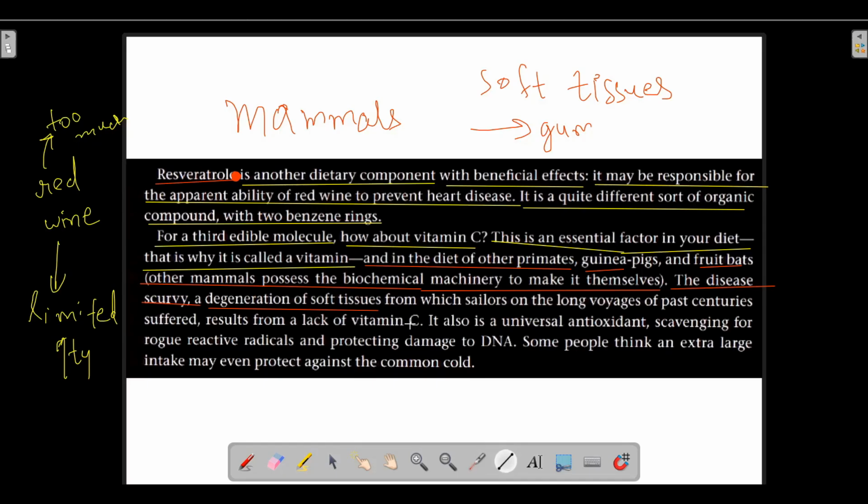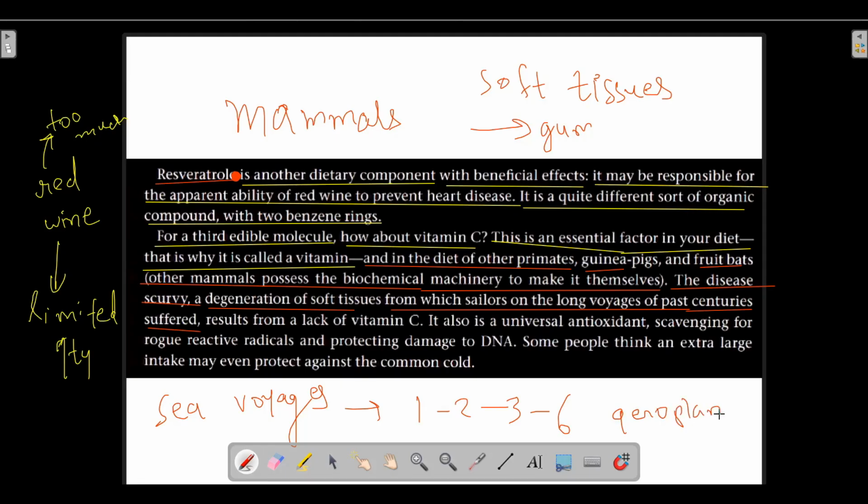From this degeneration of soft tissues, many sailors on long voyages of past centuries suffered. In the olden days, there were very long sea voyages, 1 month, 2 months, 3 months, 6 months, because aeroplanes were not there.